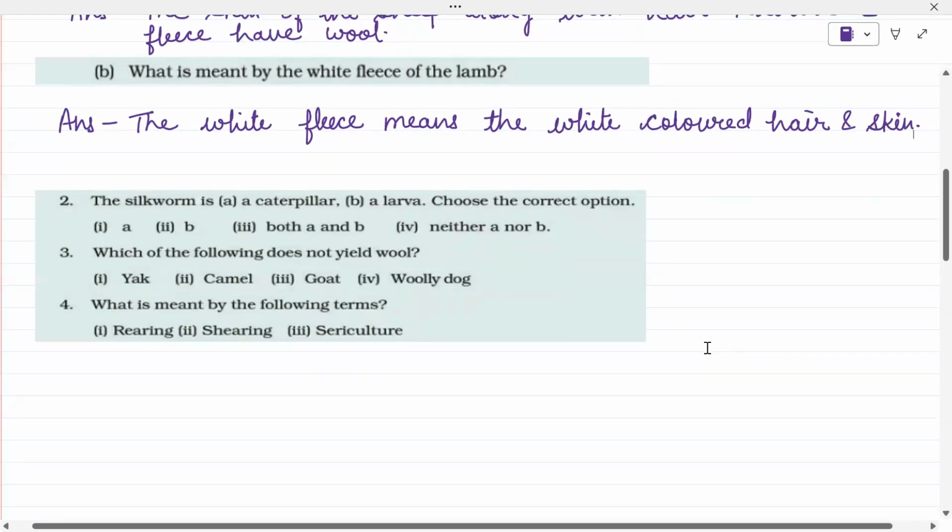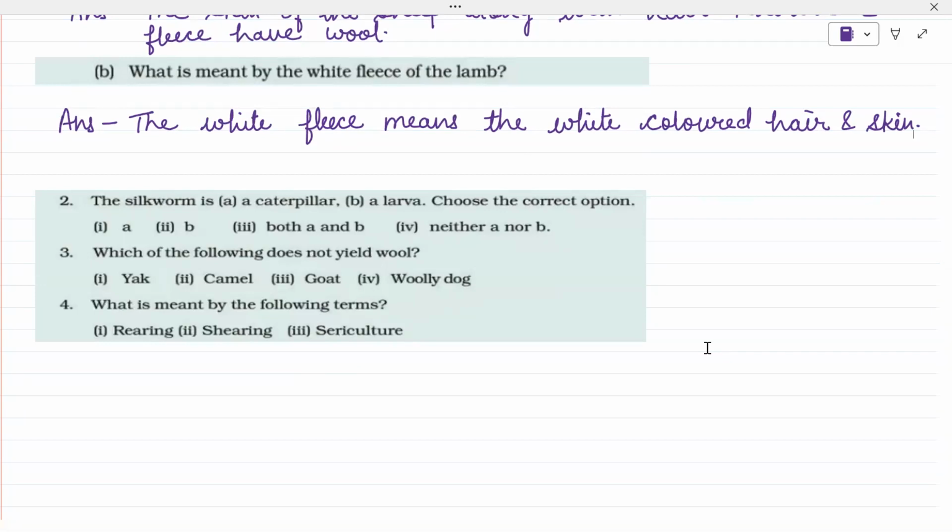If the color of hair is white along with the skin, then that fleece will be known as white fleece, right? Now next question. The silkworm is a caterpillar, a larva. Now we have to choose the correct option. Option 1 is A, a caterpillar. Option 2 is B, a larva.